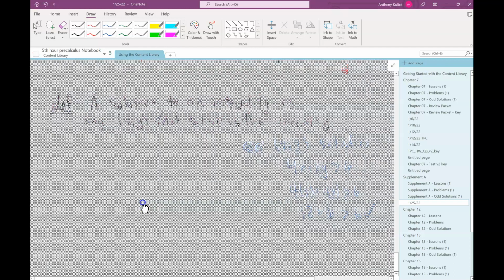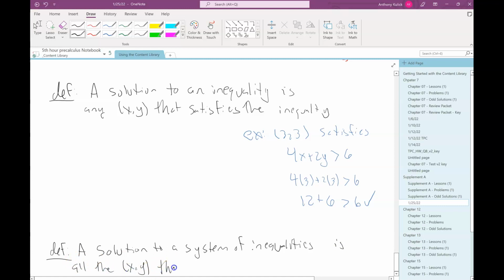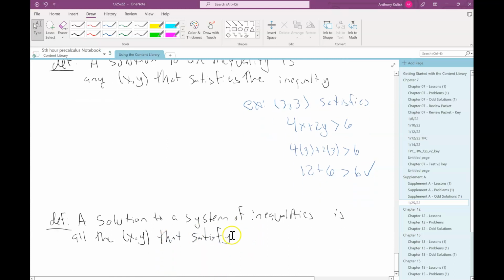So when we talk about a solution to a system of inequalities, it's every xy that satisfies all the inequalities.